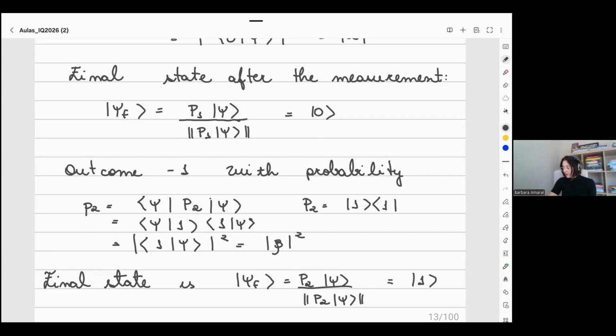Might be that depending on the vector you started with, you have a global phase here, which we already know doesn't make any difference when we talk about quantum states, okay?